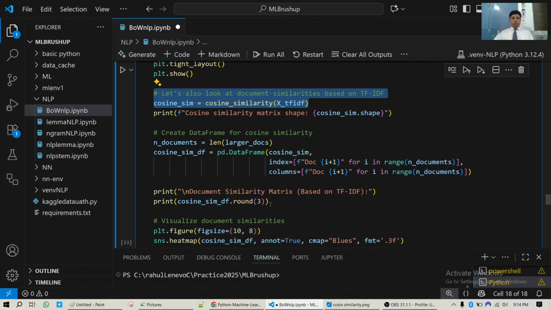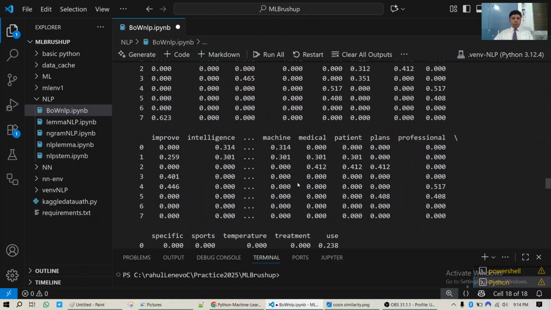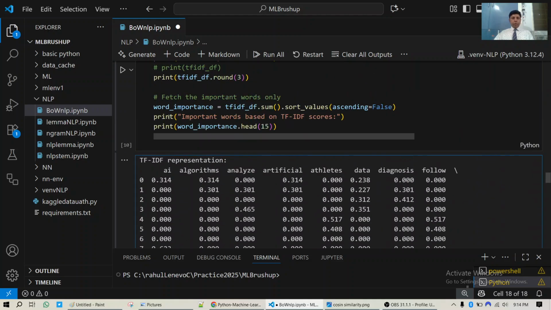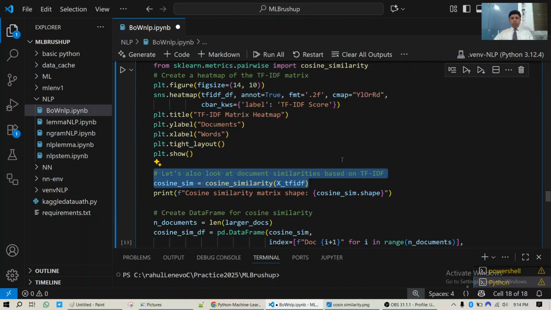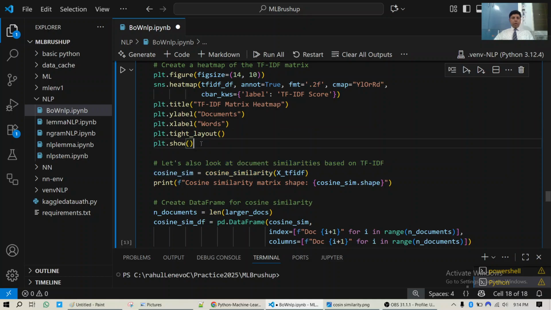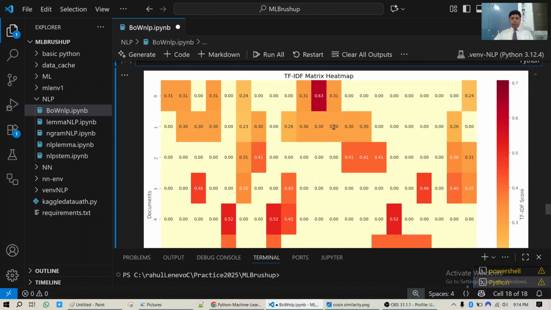These are the important words we have found, and we have calculated how the TF-IDF score is plotted here.